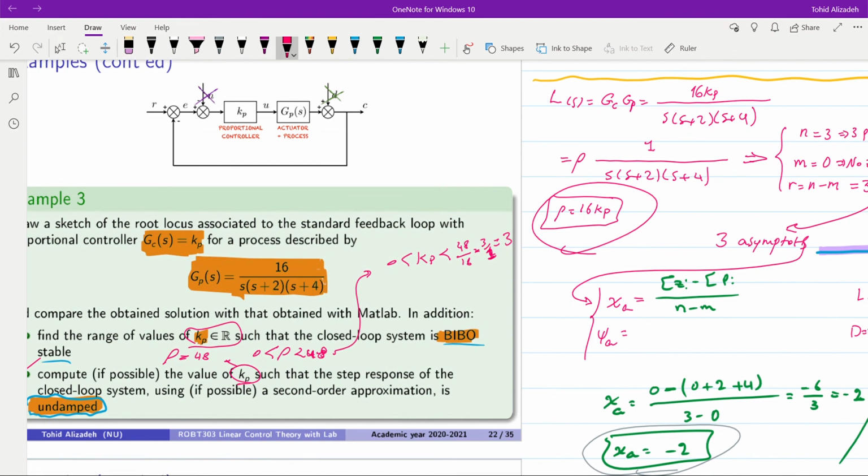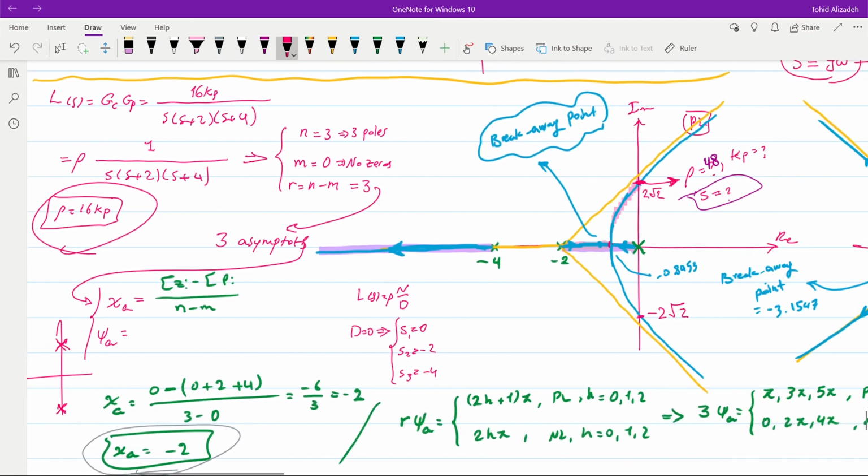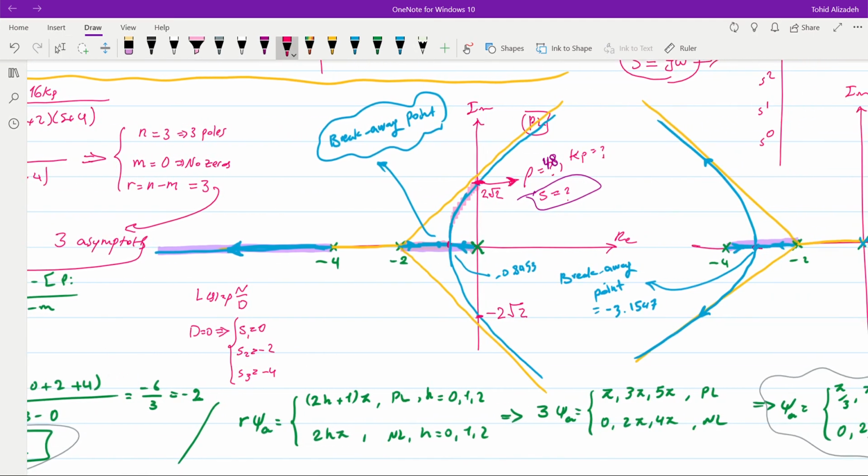So the system becomes undamped when there are 2 poles on the imaginary axis. In the case of positive locus, we see that it could happen. For k equal to rho equal to 48, we will have 2 poles over here, and there will be another pole somewhere like this. We can find the exact location of that pole, of course, as well. But that's not the question for this example.